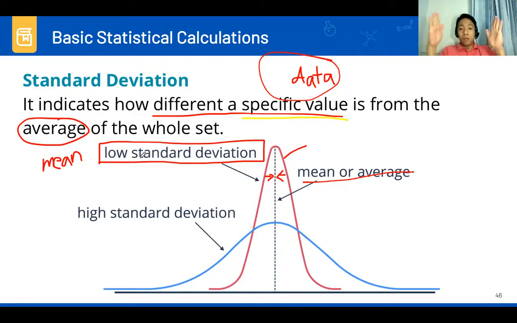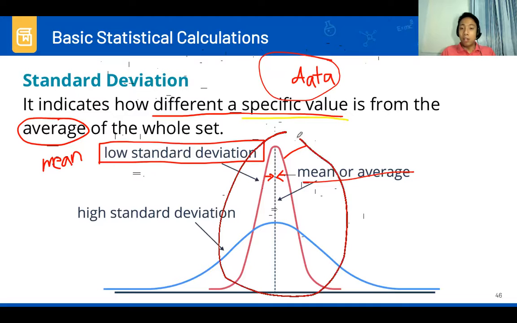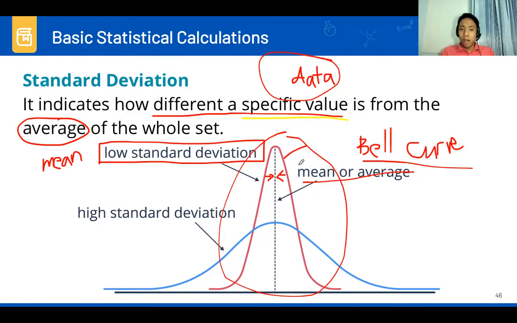So kapag maiksi, okay, yung ating standard deviation, or this one is what we call the bell curve, kung naalala nyo sa inyong statistics, diba? Ito yung ating sinasabing bell curve. Okay, so this is our bell curve. If our bell curve is masyadong papataas, something like that, okay?